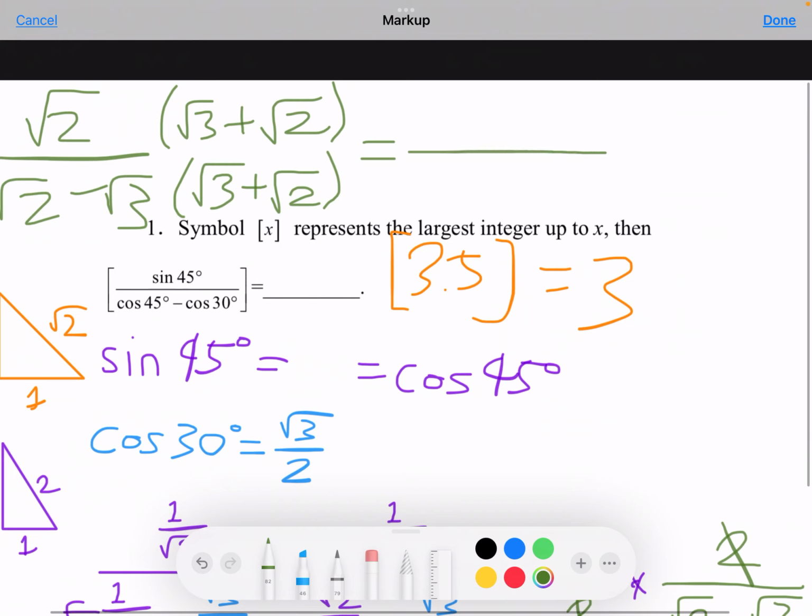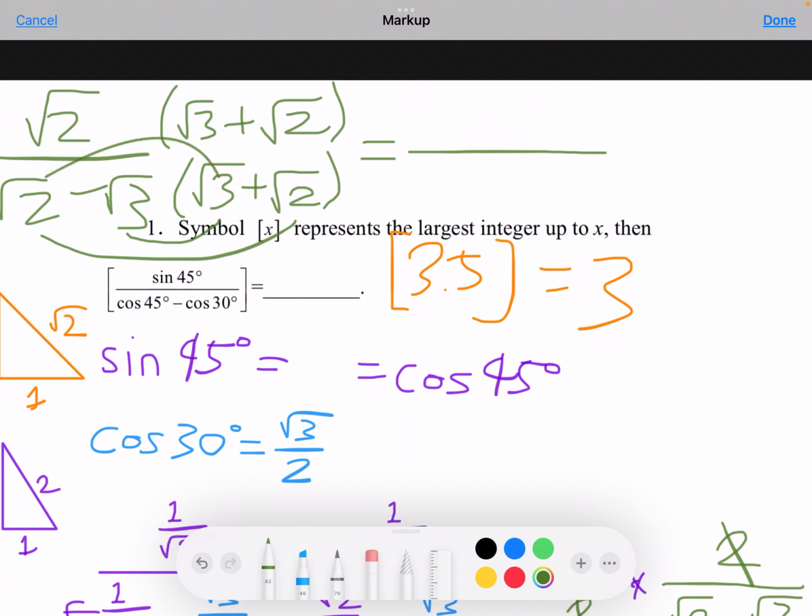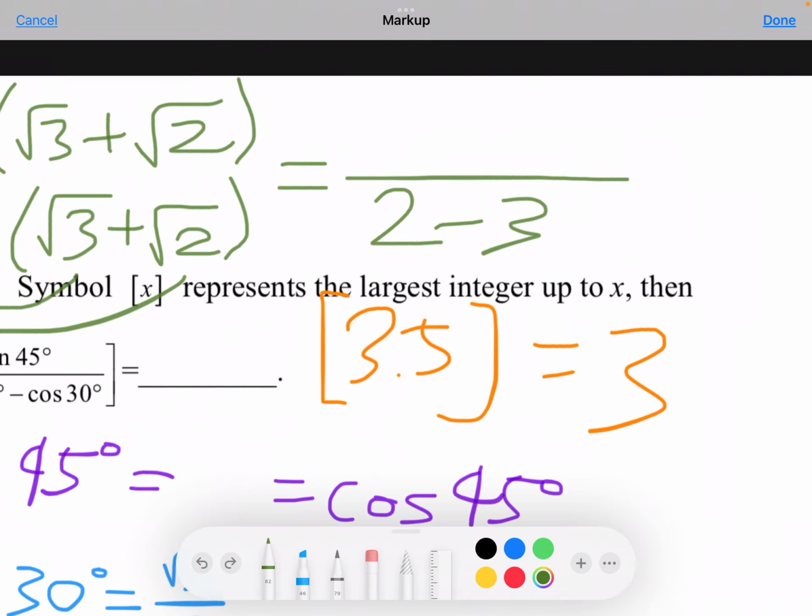So now by some multiplication, on the bottom we'll have 2 and negative 3, and we'll also have 2 times square root of 2 times square root of 3, but also negative, so that cancels out. In the end, we're just left with 2 minus 3, which is negative 1.